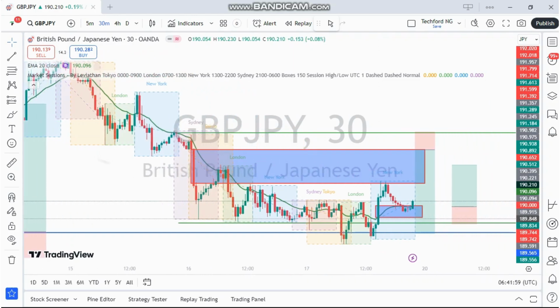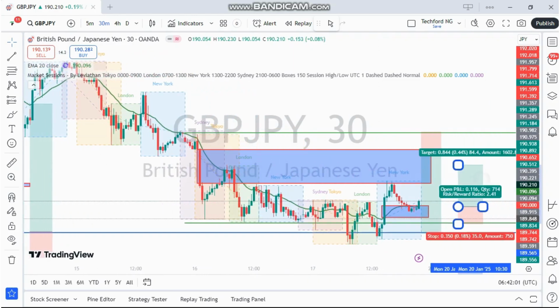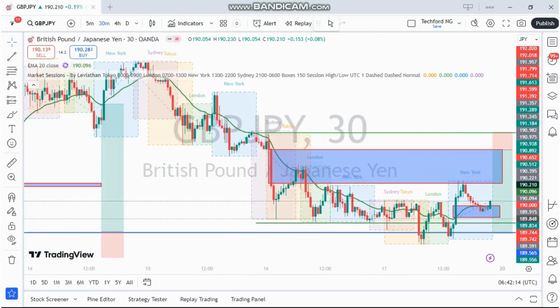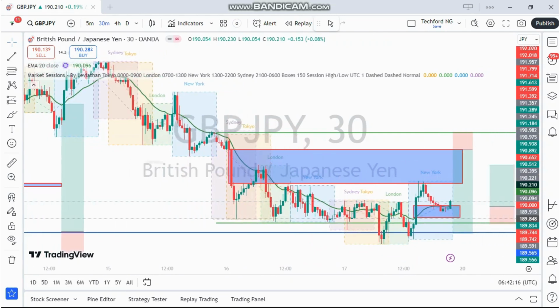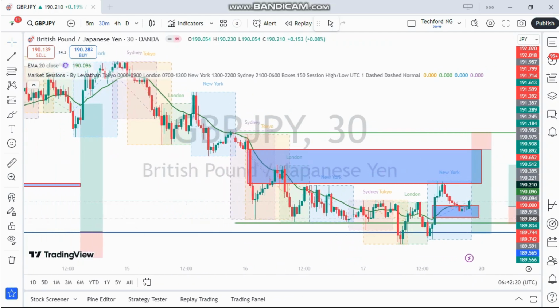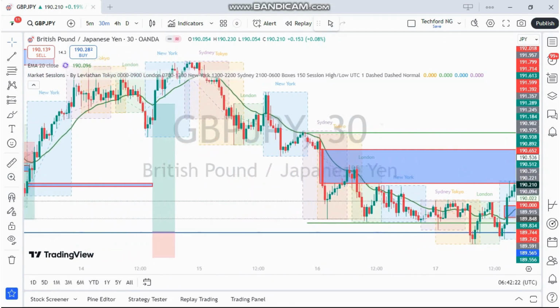Now, if you want to get a clearer view of your chart, hold Alt on your keyboard and tap on the arrow. You're going to have a much clearer view of your chart, right? As you can see, I have some sessions enabled, right?